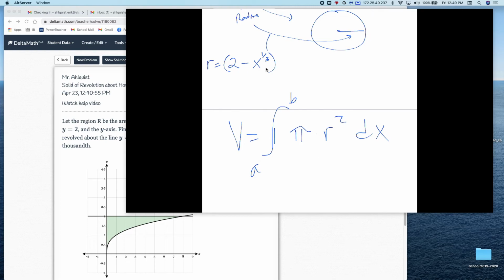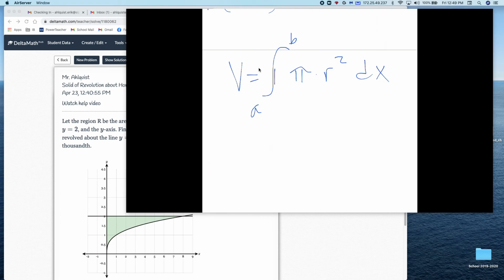So the volume is the integral from 0, where that region starts, all the way out to 8, of pi times that radius, which is 2 minus x to the 1/3, and we're going to square that.